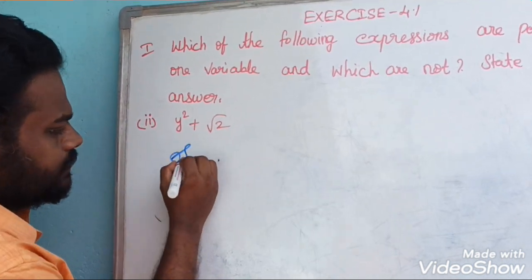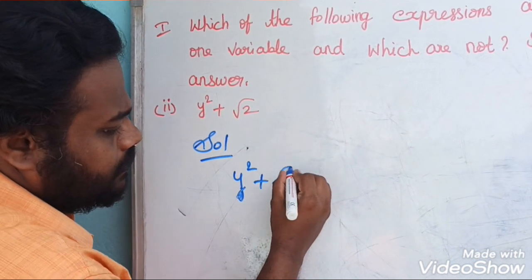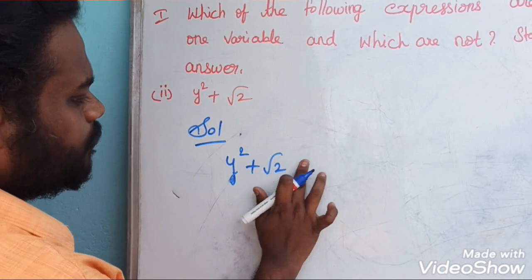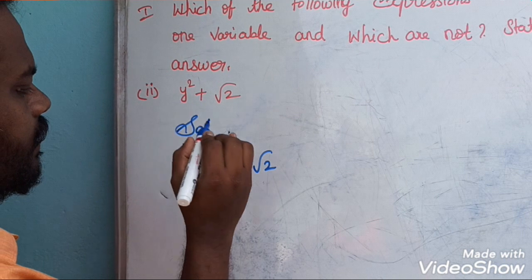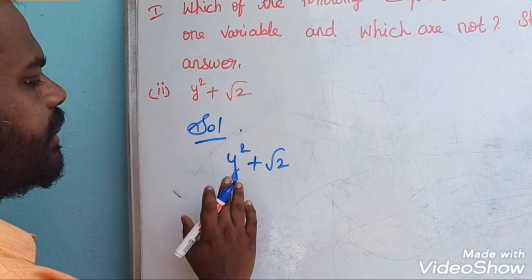Second question, solution. y square plus root 2. Here the variable is y and the exponent of the variable is 2. The exponent of the variable is a whole number.